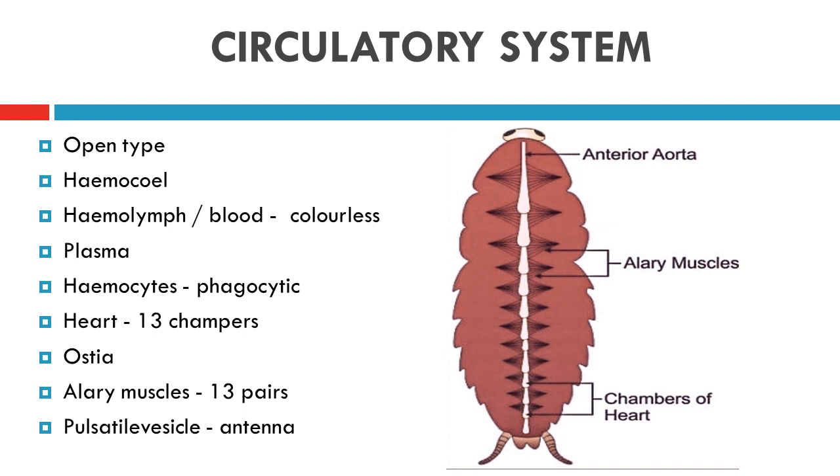Is it clear? This blood is moving inside the heart. The heart is available but there are no blood vessels. Our heart has 4 chambers, but in the cockroach, it consists of 13 chambers.